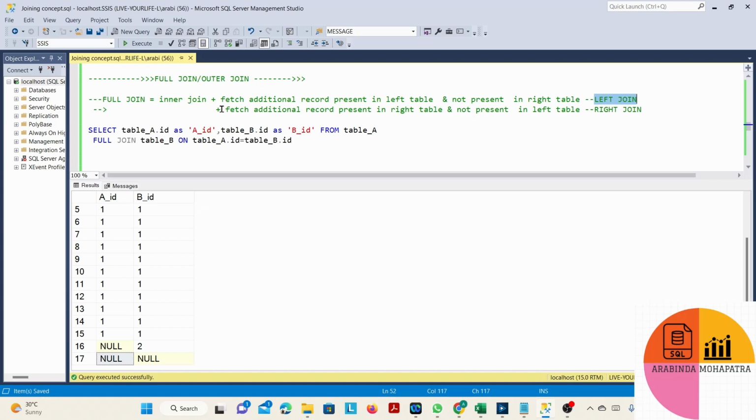Plus it will fetch the additional records present in the right table and not present in the left table, which we are referring to as the right join. So the full join is the combination of the inner join and the additional records that are not coming from the inner join. They will be included in the left join plus the right join.